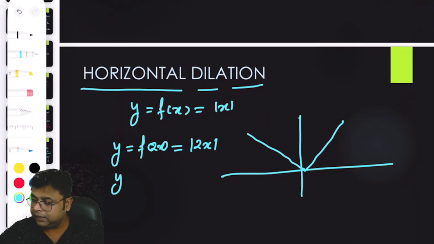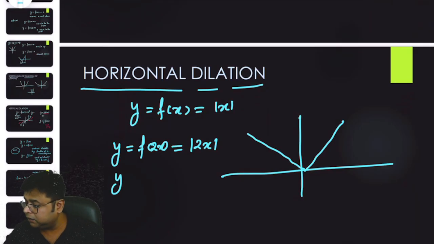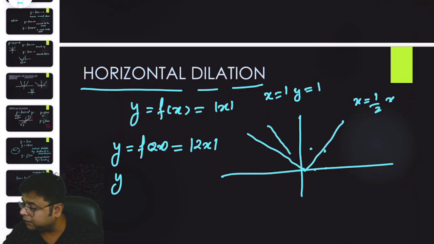Here I can see that whatever the value of the function was at x = 1, now it will happen at x = half, because 2 into half is 1. Whatever y was at x = 1, now the same value y = 1 is at x = half. So the graph has become like this.